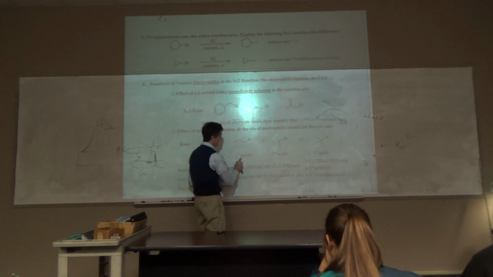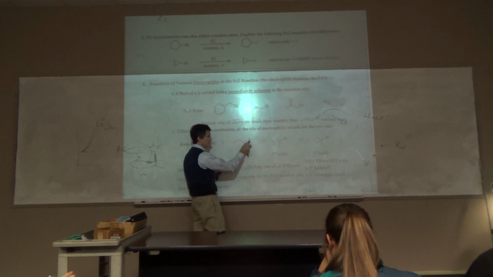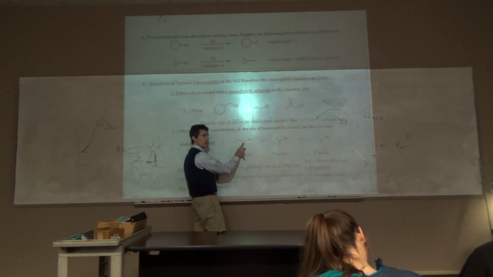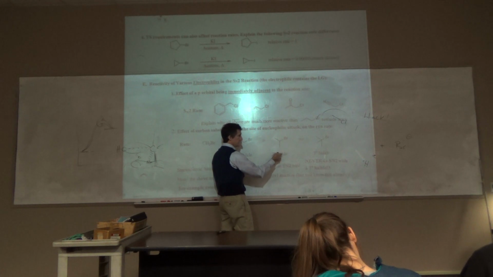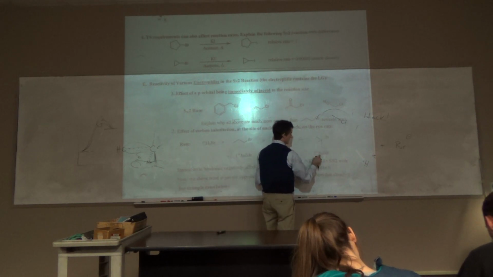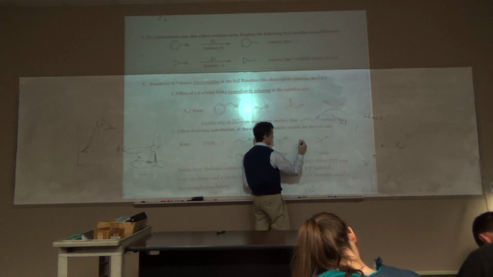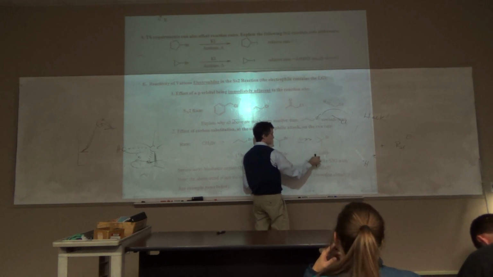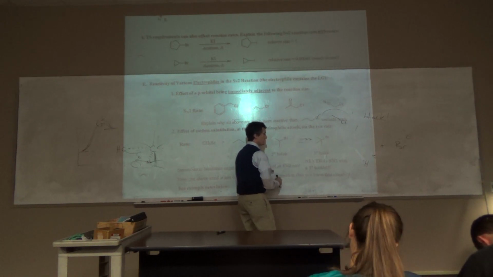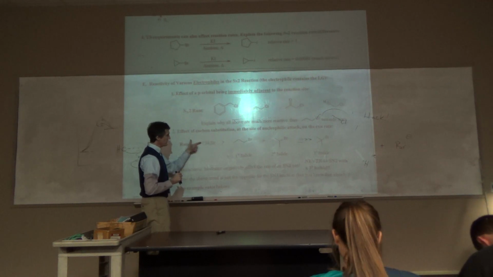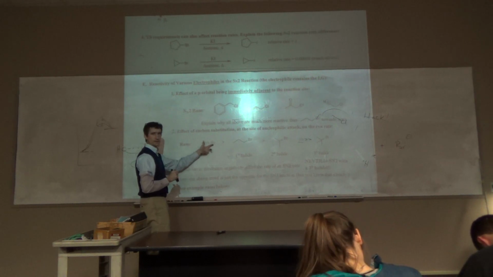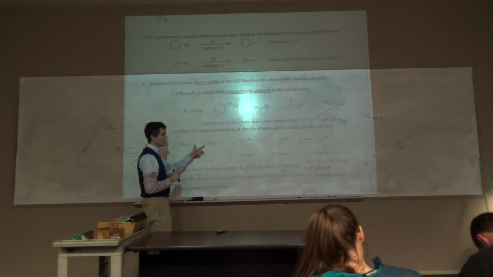It's more reactive than this, which is called a primary halide because the halide's on a primary carbon. Secondary halide, even less reactive. Tertiary halide, much, much less reactive towards SN2. This one is very reactive in SN2. This is not even primary. This is sort of just like a parent. Okay?